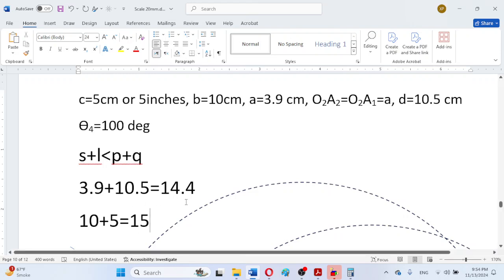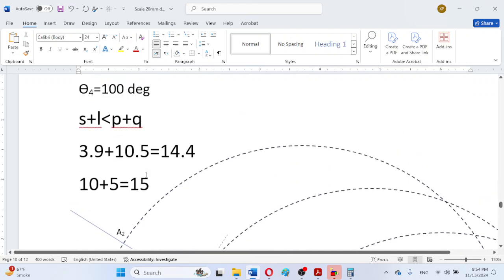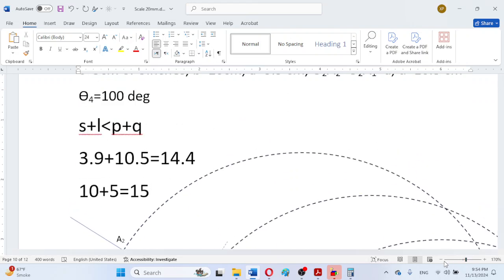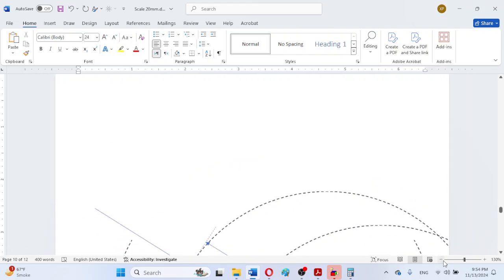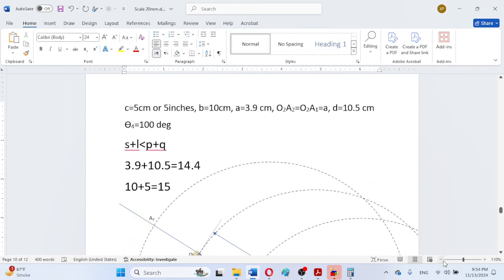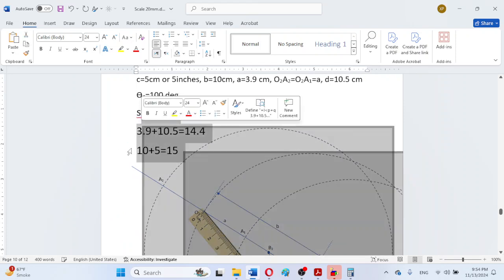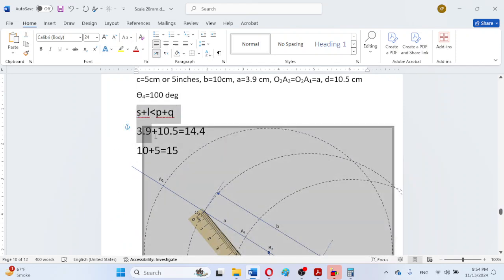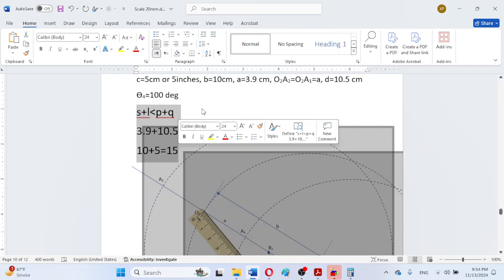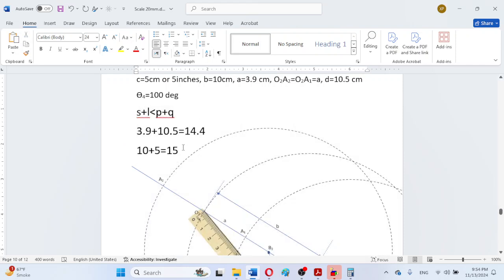So that means 14.4 is sufficiently less than 15, so that means S plus L is less than P plus Q. So Grashof law has been satisfied in this way. So this is the procedure for completing the diagram for non-quick return mechanism.